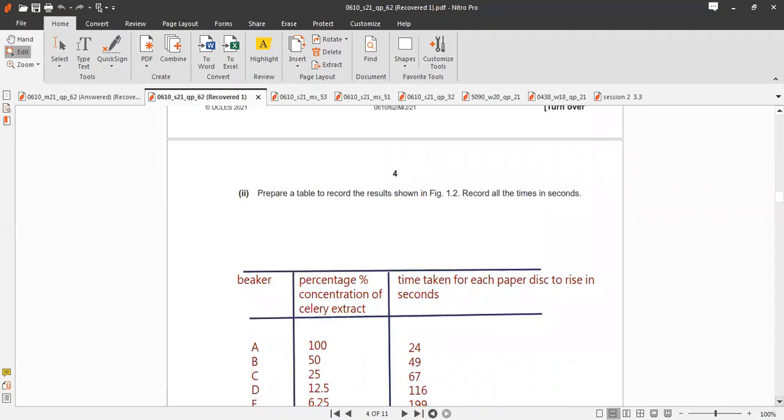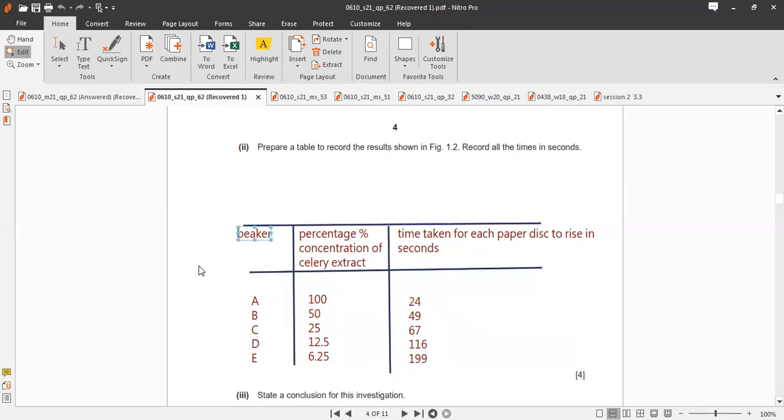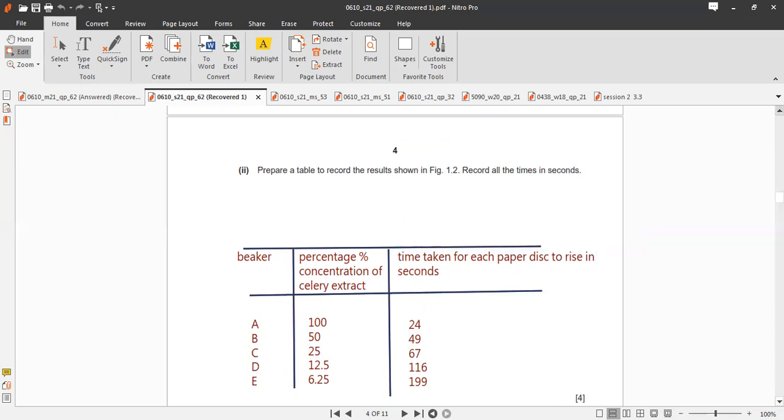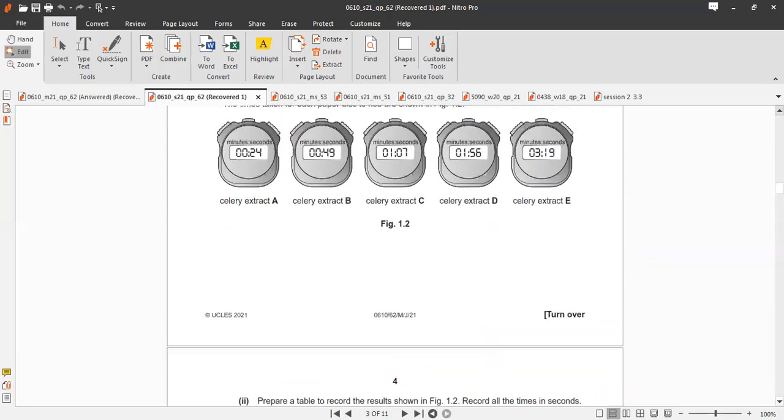2R. Prepare a table to record the result shown in figure 1.2. Record all the times in seconds. Here, beaker A, B, C, D, E. Percentage concentration of celery extract 100%, 50, 25, 12.5, 6.25. And time taken for each paper disc to rise in seconds, 24 seconds, 49 seconds.